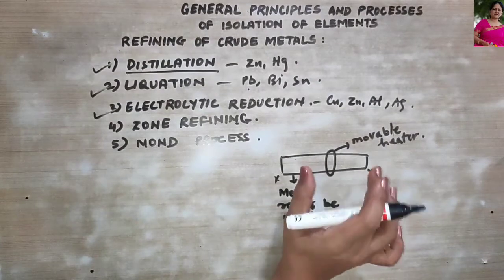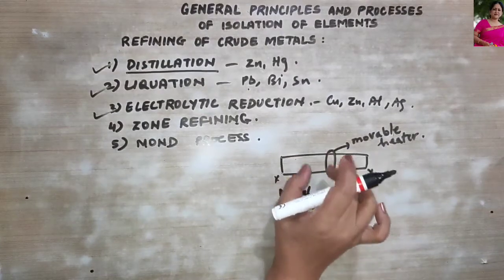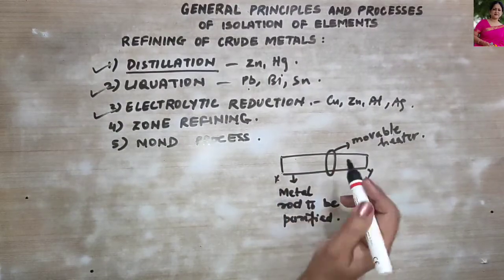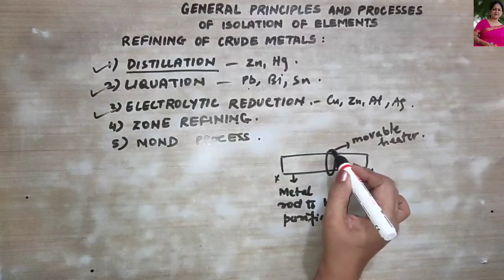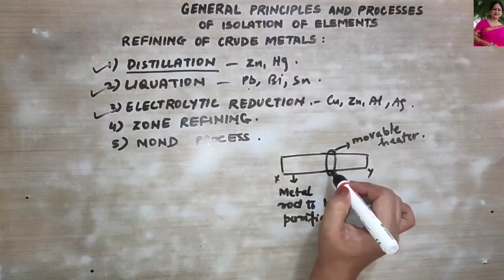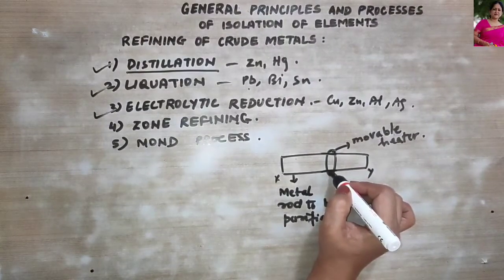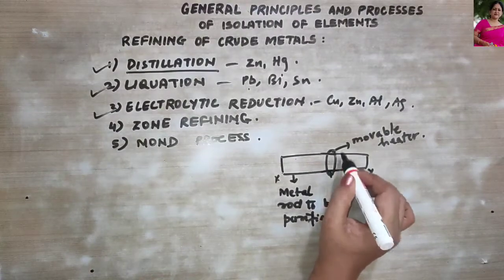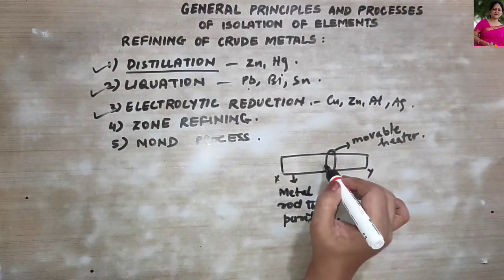The portion of the rod in contact with this heater melts. So suppose the movable heater has reached here. What will happen to this rod? This rod is going to melt over here, right? So this will be termed as your molten zone. What is this going to be called? Molten zone.